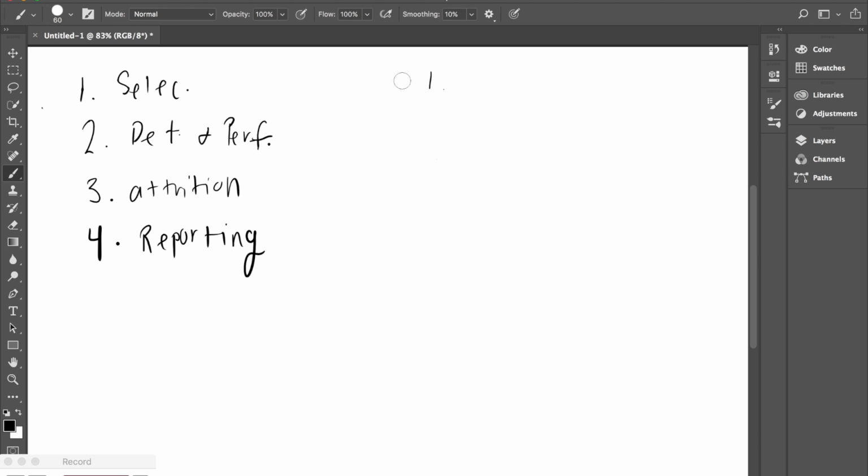What blinding does is it reduces the likelihood of detection bias and performance bias. We want to make sure that we blind a couple of different people. So we want to make sure that we blinded the clinicians. We want to make sure that we've also blinded patients.